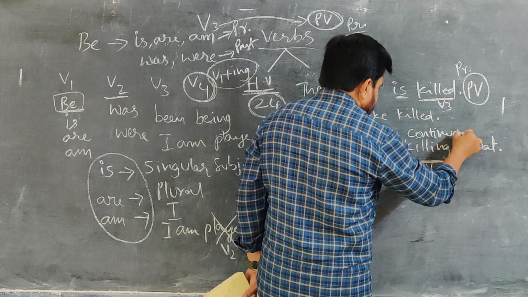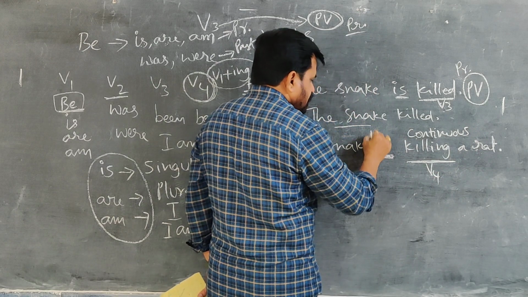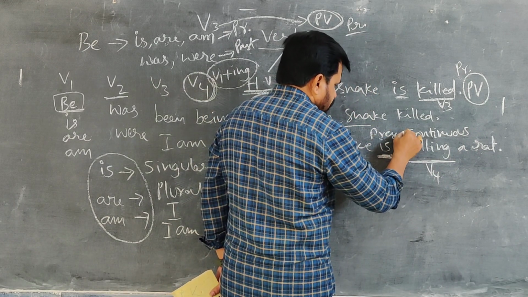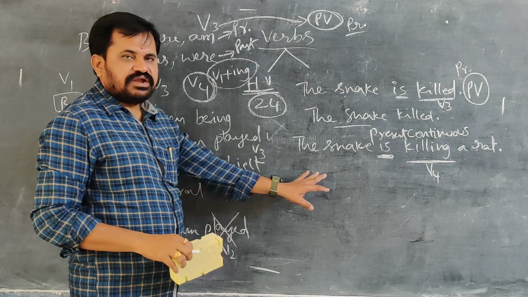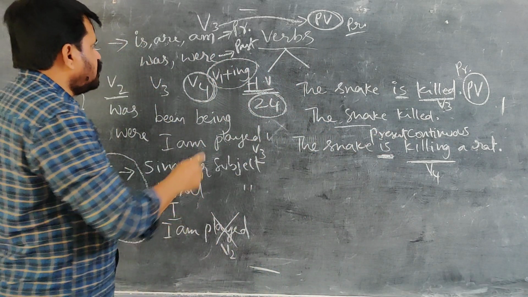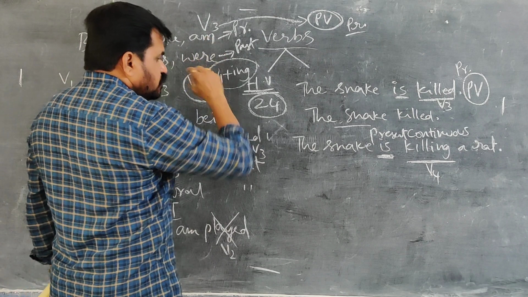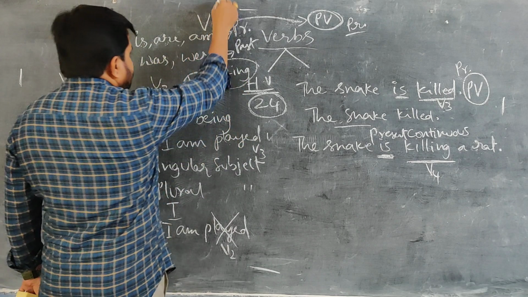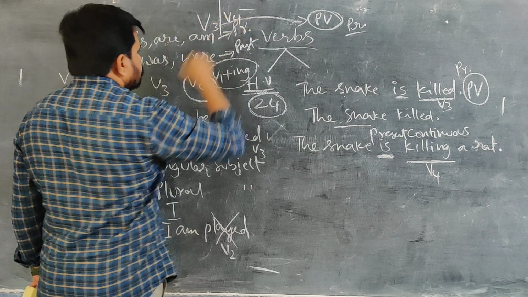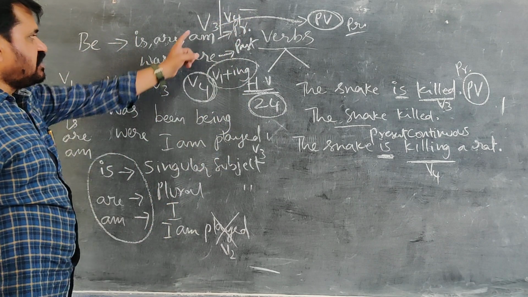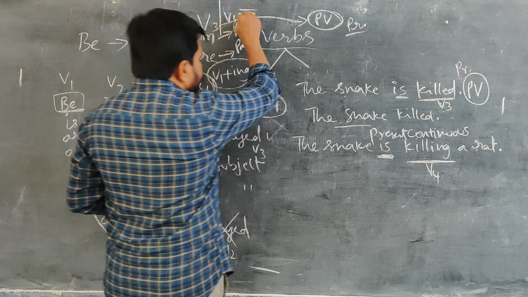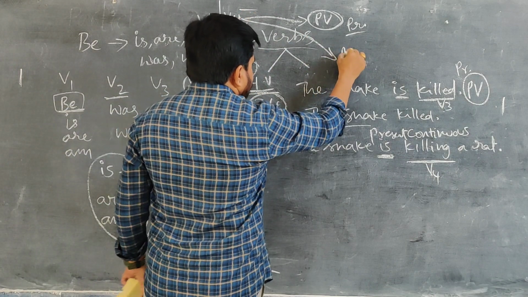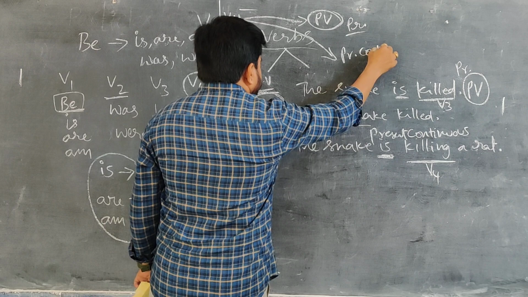When is is in present tense, this is called present continuous tense. So we are eligible to use either V3 or V4 only. Whenever we use V3, it becomes passive voice in present. Whenever we use V4, it becomes present continuous tense.